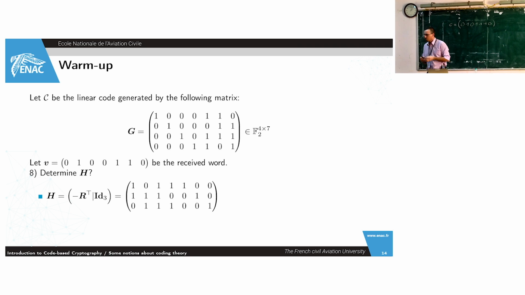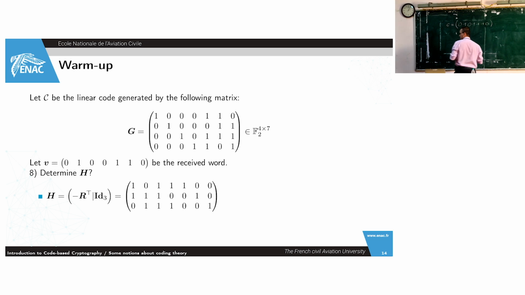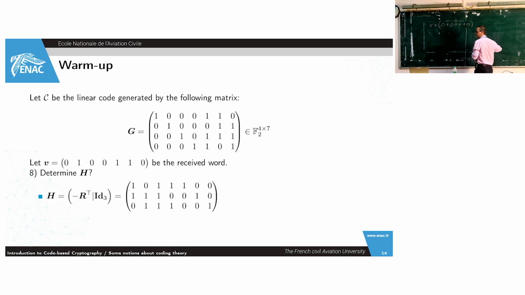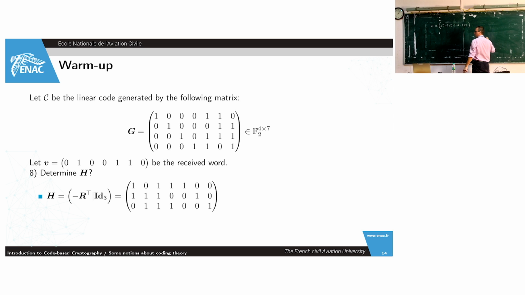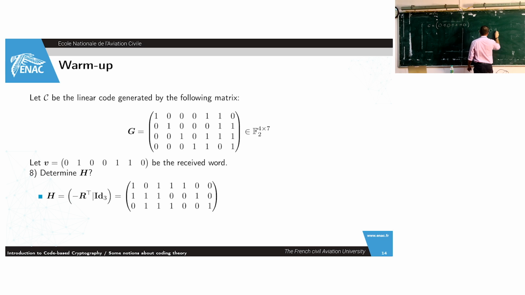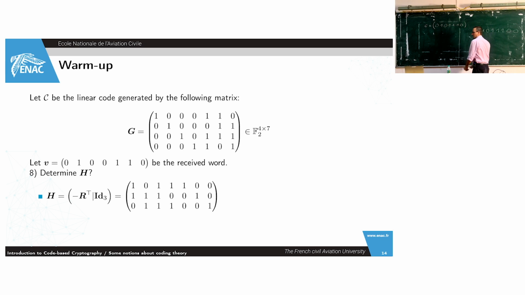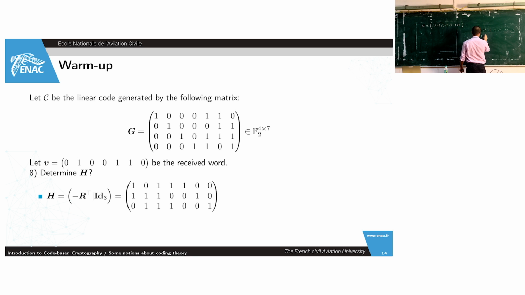So if I get my matrix H here, 1, 0, 1, 1, 0, 0, then 1, 1, 1, 0, 1, 0, then 0, 1, 1, 1, 0, 0, 1.